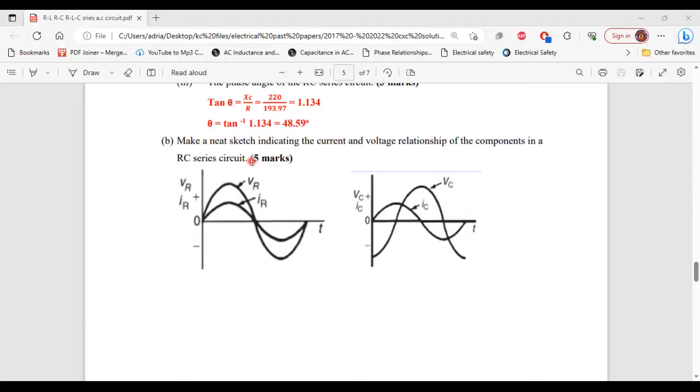As it relates to the resistor, current and voltage are in phase. For the capacitor, the current and voltage are not in phase. In this case, where the capacitor is concerned, the current leads the voltage. All right, so that's it for part B.